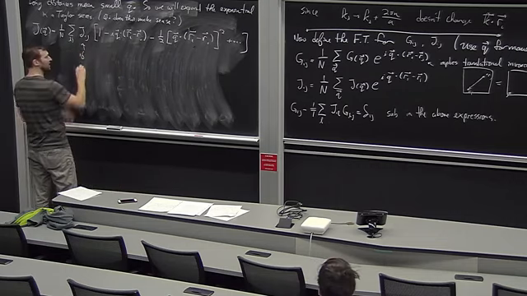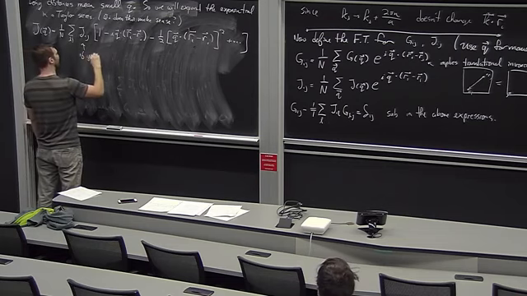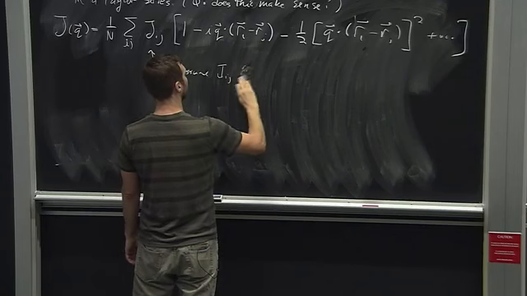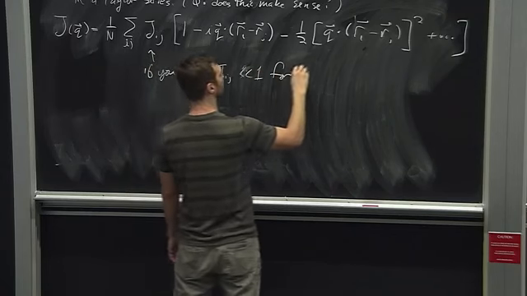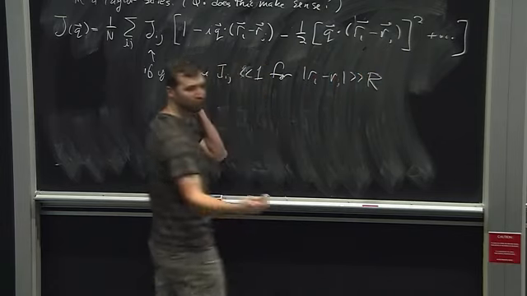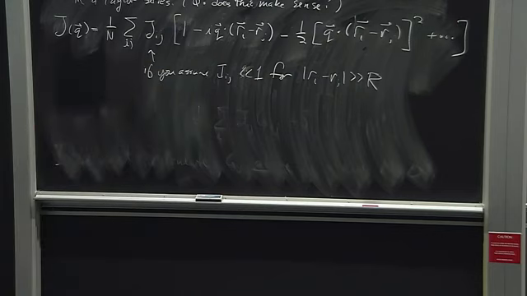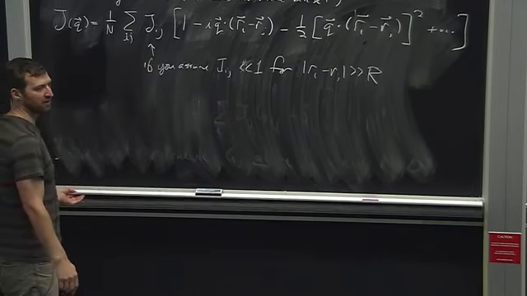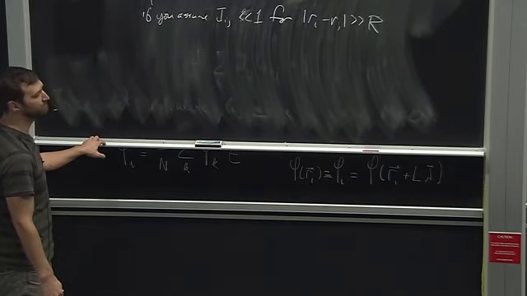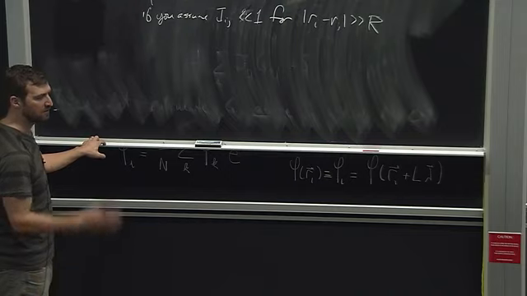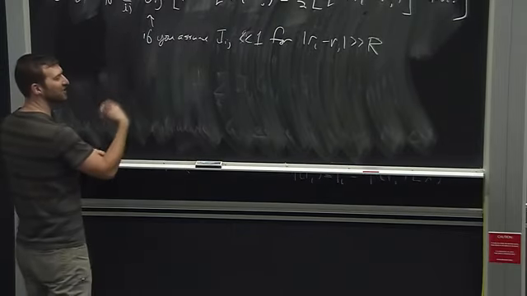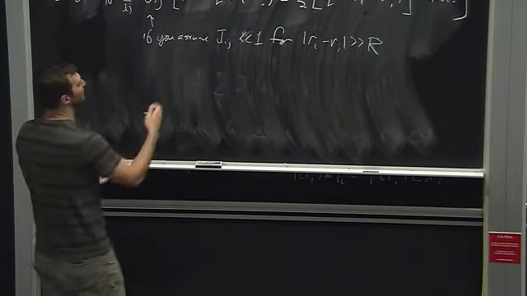So this is perfectly valid if you assume Jij is less than 1 for Ri minus Rj greater than R, say. Not the only sketchy assumption we'll make. Let's assume, what's it called, when the matrix is symmetric? If the interactions are symmetric, then this term will go to 0.